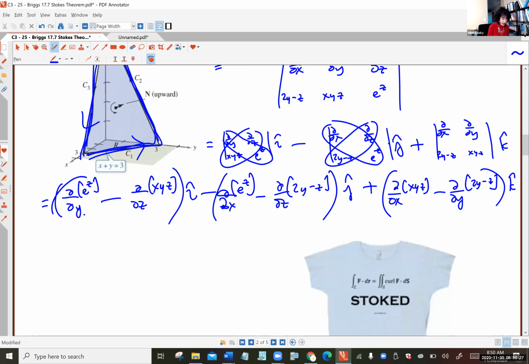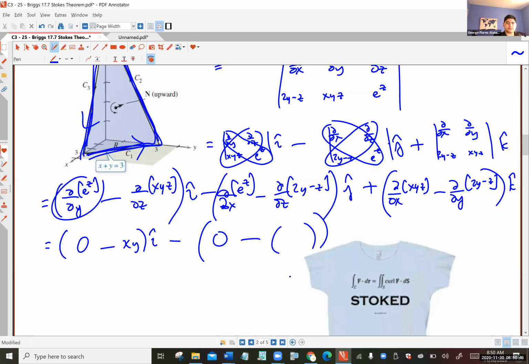Here we go. So what is the partial with respect to y of e to the z? 0. And then the partial of xyz with respect to z? xy. And that'll be i hat. Minus d/dx of e to the z? 0.